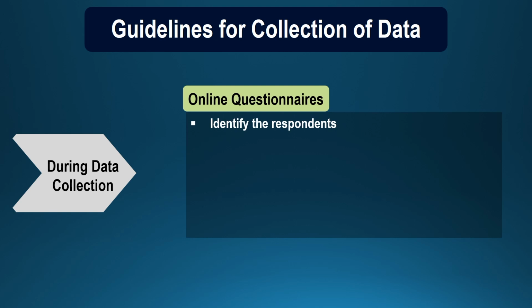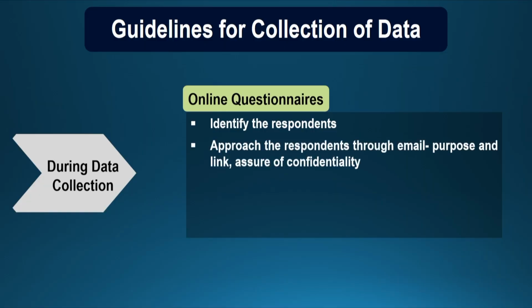In that case, the researcher needs to select or identify the respondents who need to fill in the questionnaire and approach them by sending an email which specifies the purpose and provides a link to the questionnaire, and assure them of the confidentiality of the data or information which is likely to be gathered through the questionnaire.